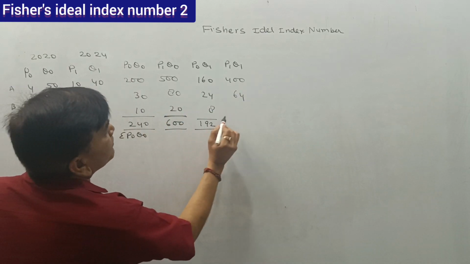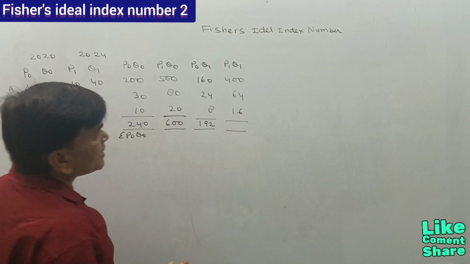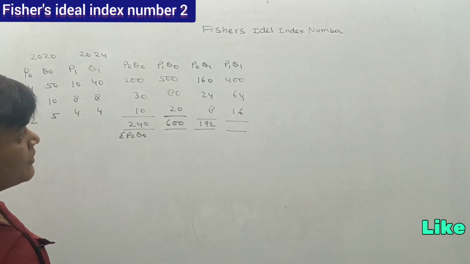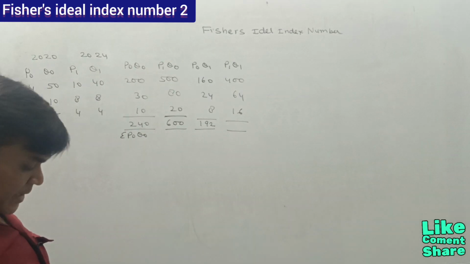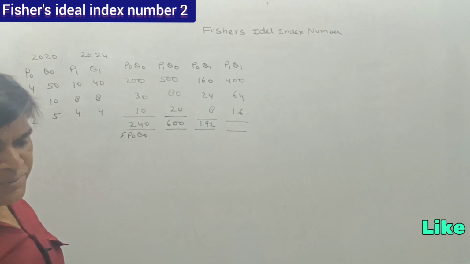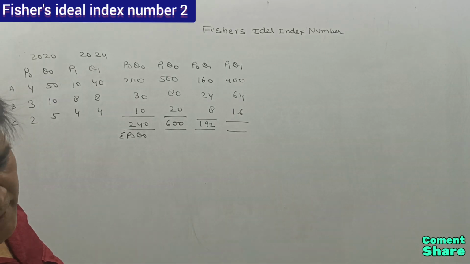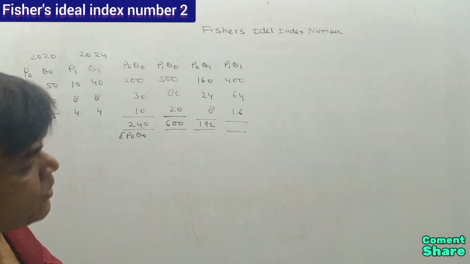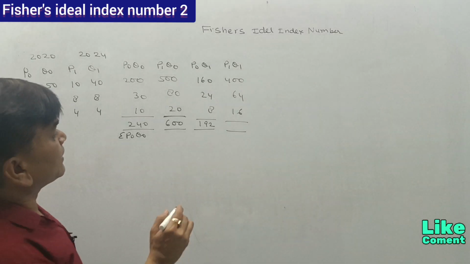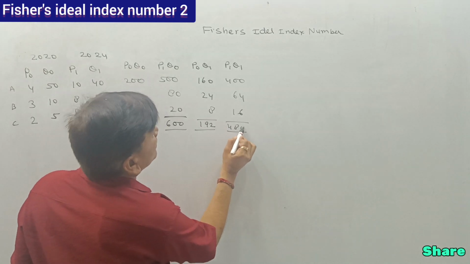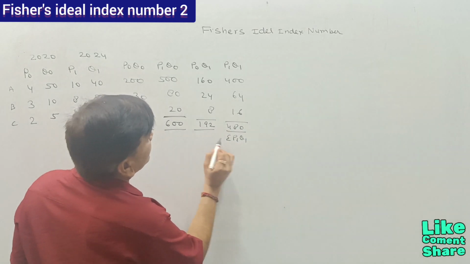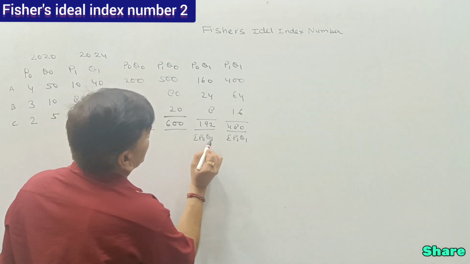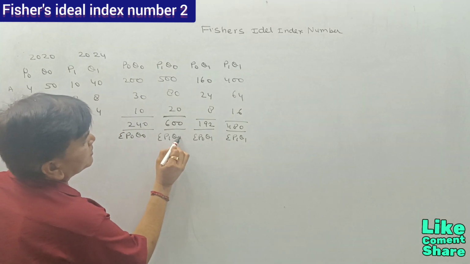And 4 multiplied by 4 is 16. So 400 plus 64 plus 16 is 480, that is sigma P1 Q1. This is sigma P0 Q1, and this is sigma P1 Q0.